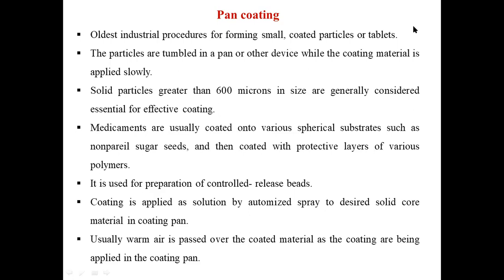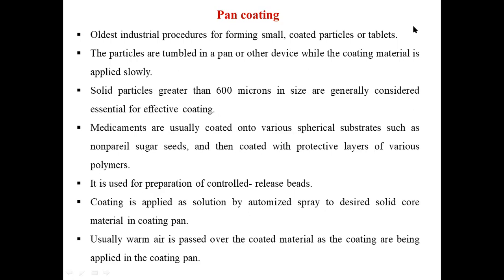The same atomizing system or method is carried out for our microencapsulation study. With pan coating, the microencapsulation of relatively large particles has become widespread, and this is a widespread method in the pharmaceutical industry. With respect to microencapsulation, solid particles greater than 600 microns in size are generally considered essential for effective coating.